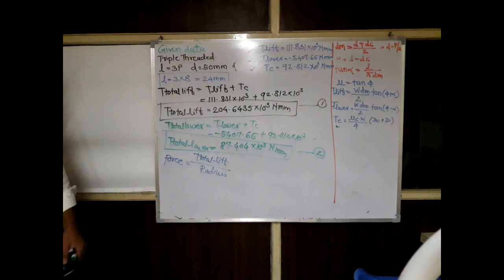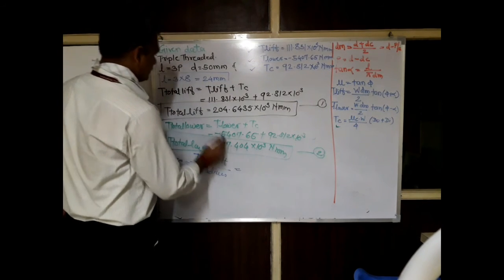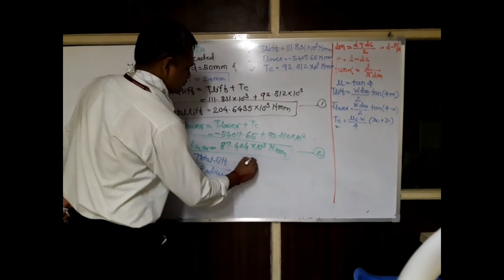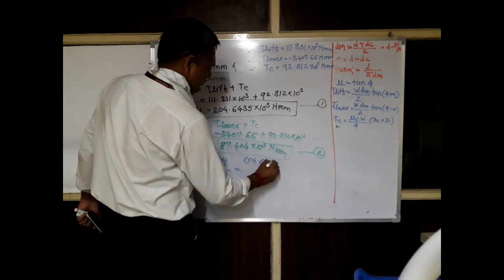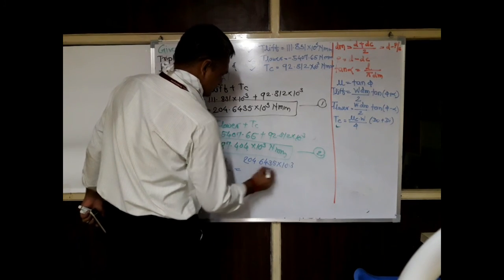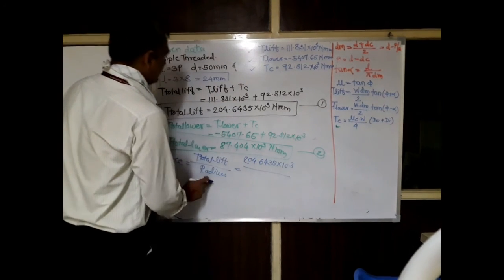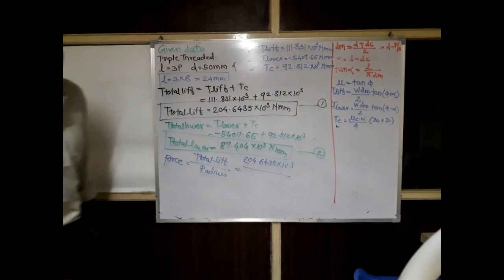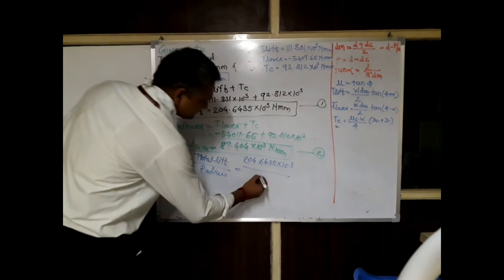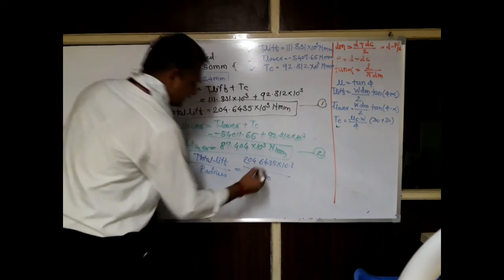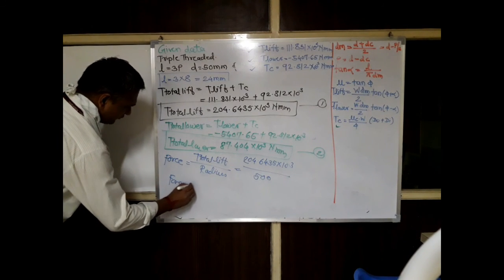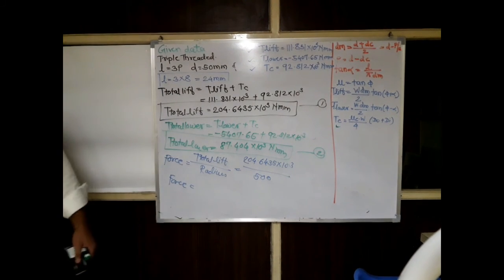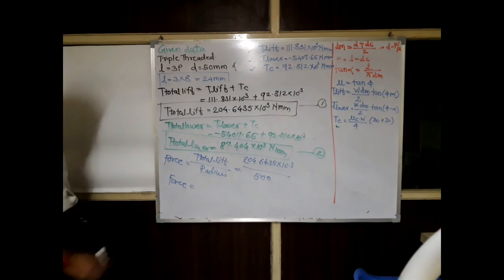That is 204.6435 into 10 raised to 3 divided by the radius. The radius given is 500 mm, since the hand wheel has a diameter of 1000 mm.